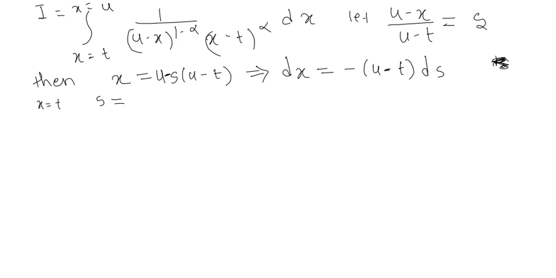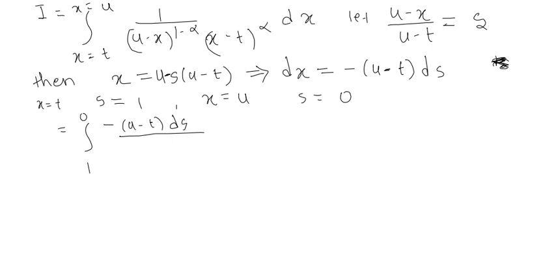S will become 1, and when x is equal to u, s will become 0. So we will get I equal to the integral from 1 to 0. In place of dx it will be minus (u minus t) ds, divided by (u minus x) raised to 1 minus alpha.